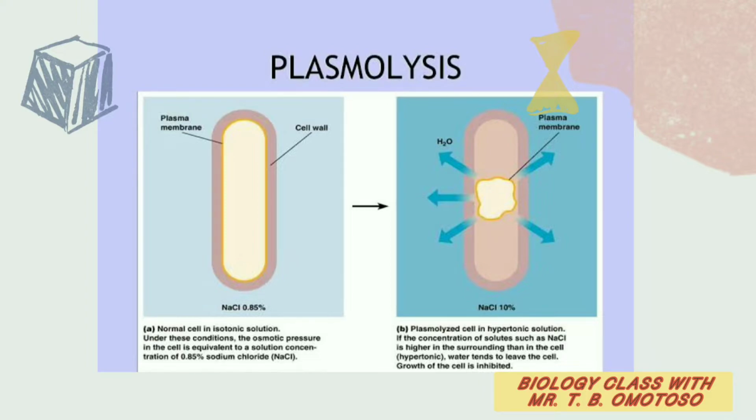So that's why it was said that plasmolysis is the outward movement or flow of water from living cells when they are placed in a hypertonic solution. And when they are placed in a hypertonic solution, what is the result for the cell?